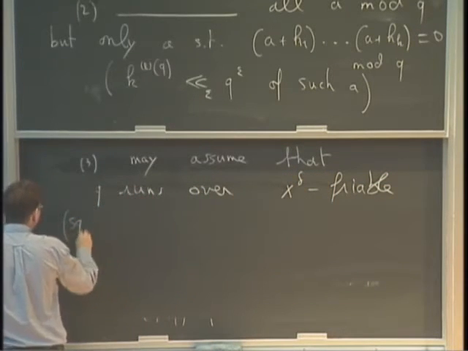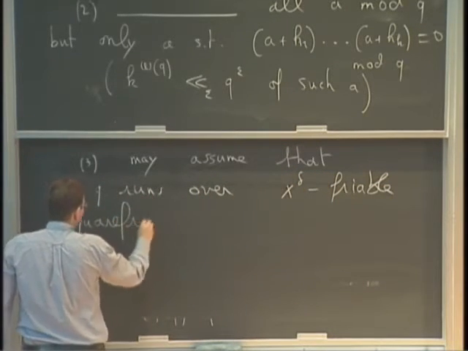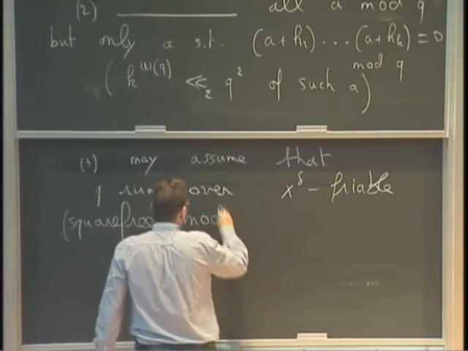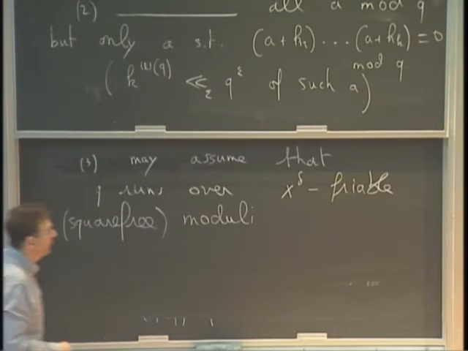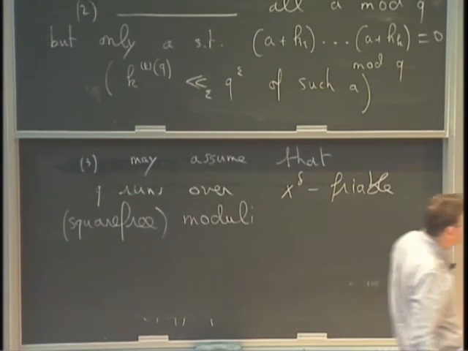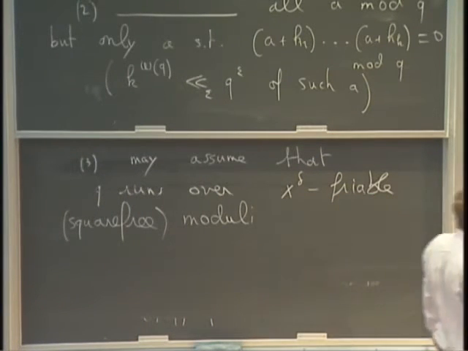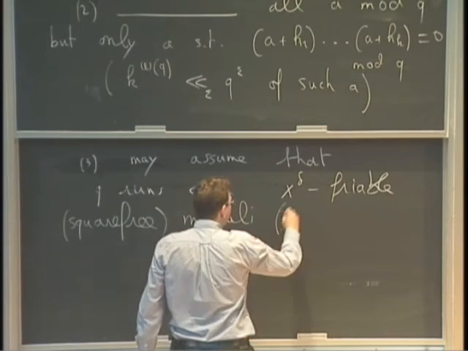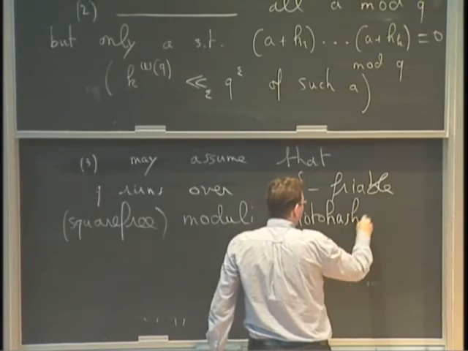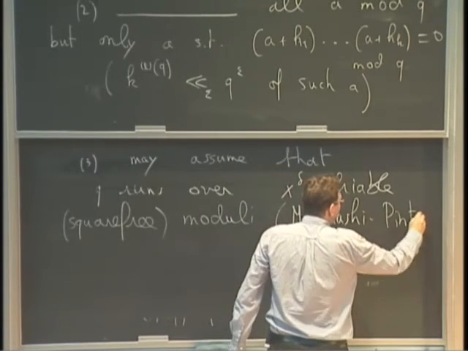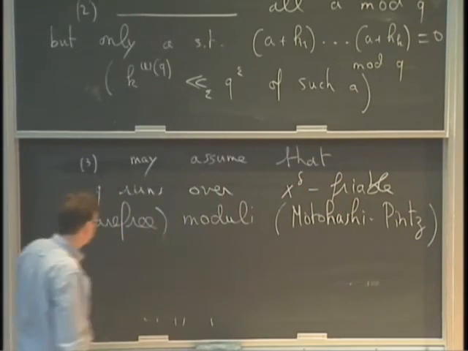It's always square free. Moduli. So this is not obvious. This is the type of thing that experts in sieve theory were kind of aware of, and that was explicitly noticed by Motohashi and Pintz a few years after GPY came out, although they couldn't exploit that observation.